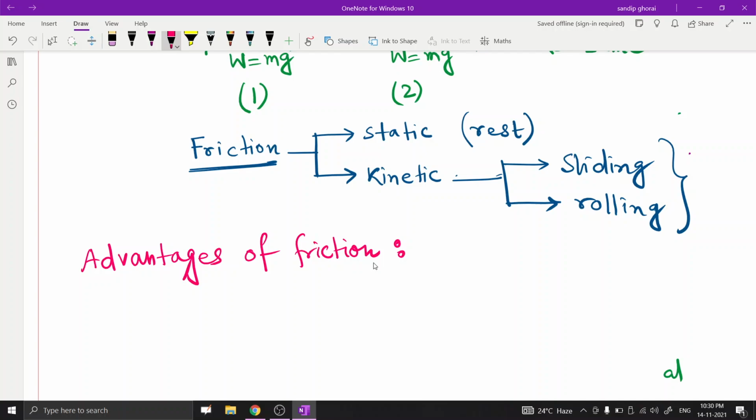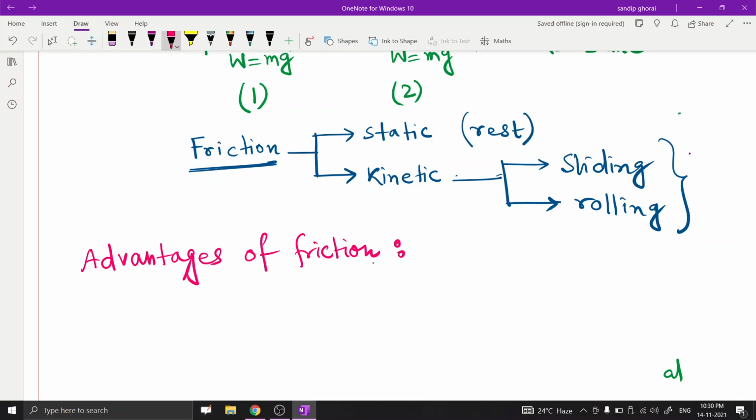First, friction helps us in walking, and second, cars and buses are able to move safely on roads. Third, friction allows us to hold objects with our hand, and if we apply a brake, the force of friction between brake shoe and rim allows the car to stop, or to stop a bicycle or a moving vehicle.